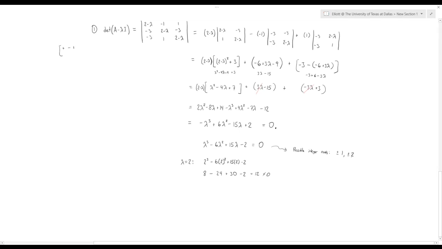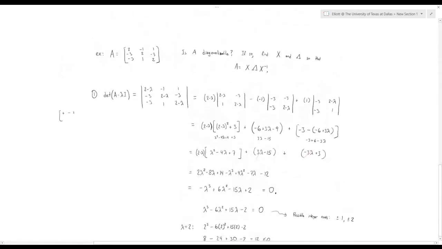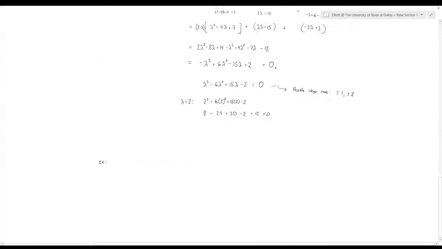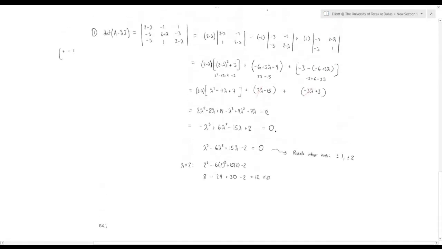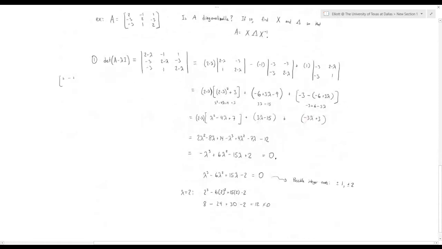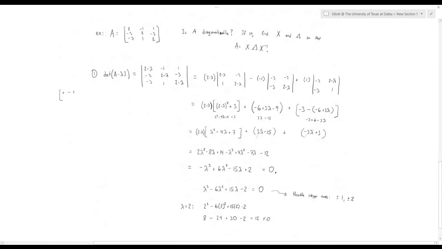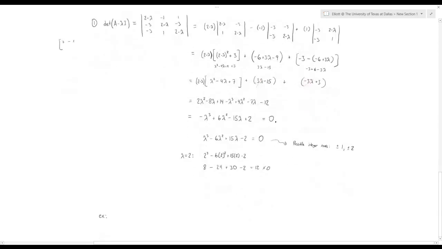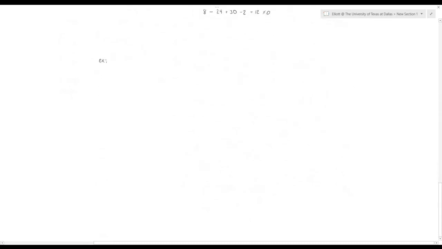So I think I will abandon this example, and we'll take a look at another example instead. I guess I probably shouldn't have looked at this example to start with. I had a feeling that something was off at the start, that I might have miscopied it, and I was hoping I didn't, but I think I did.